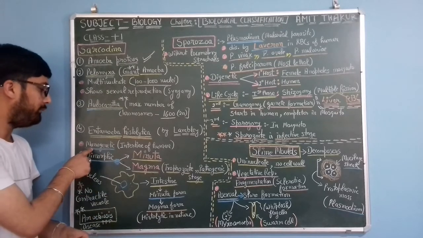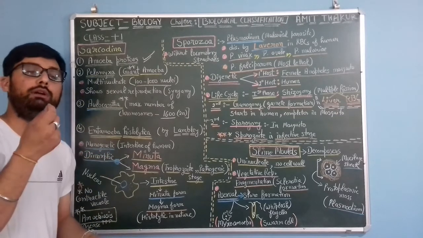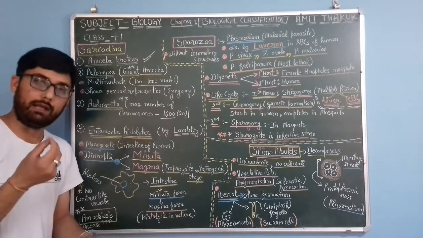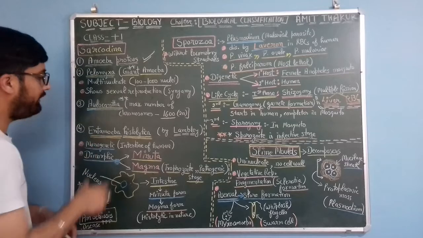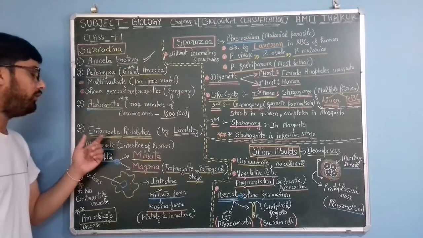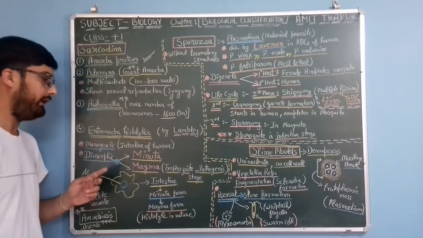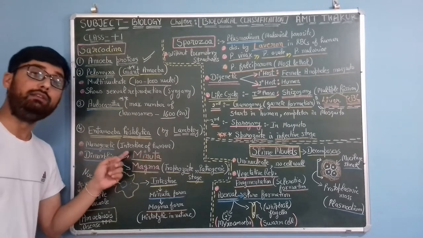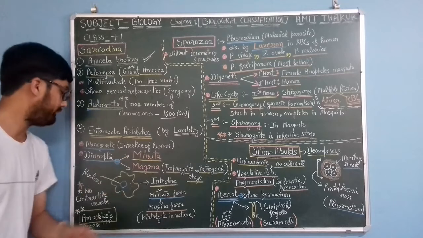But monogenetic means only one host is needed to complete the life cycle. So Entamoeba histolytica needs only one host, and that host is the human being, the intestines of a human being.